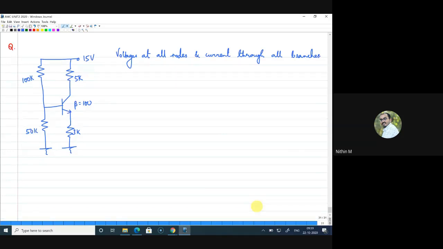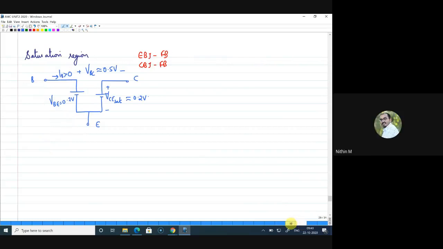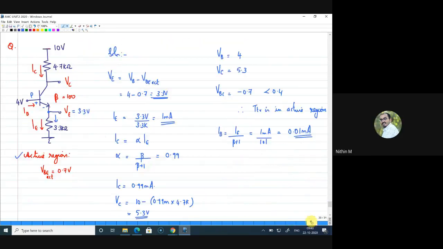So why did you get that doubt? In the calculation, it was not given that VBE is 0.7, yet we took VBE active as 0.7. Yes, it was not given in the question, right? Yeah, very good.